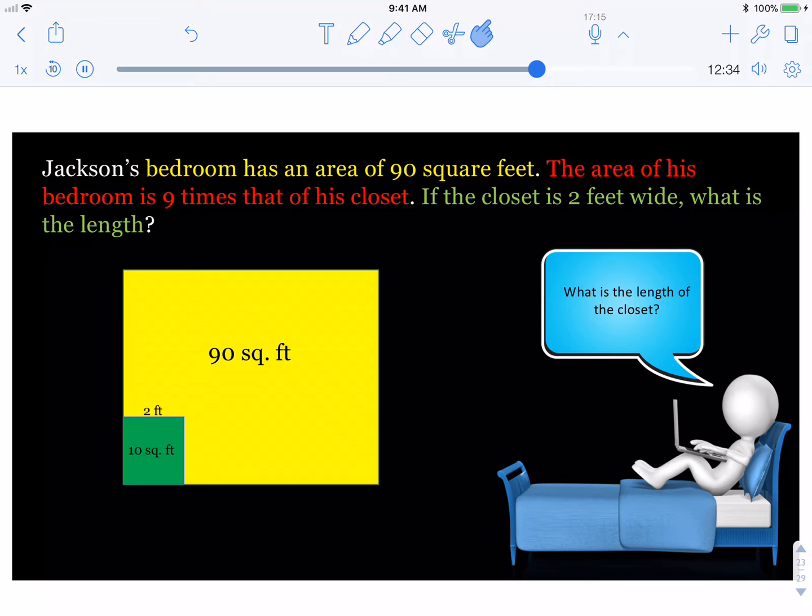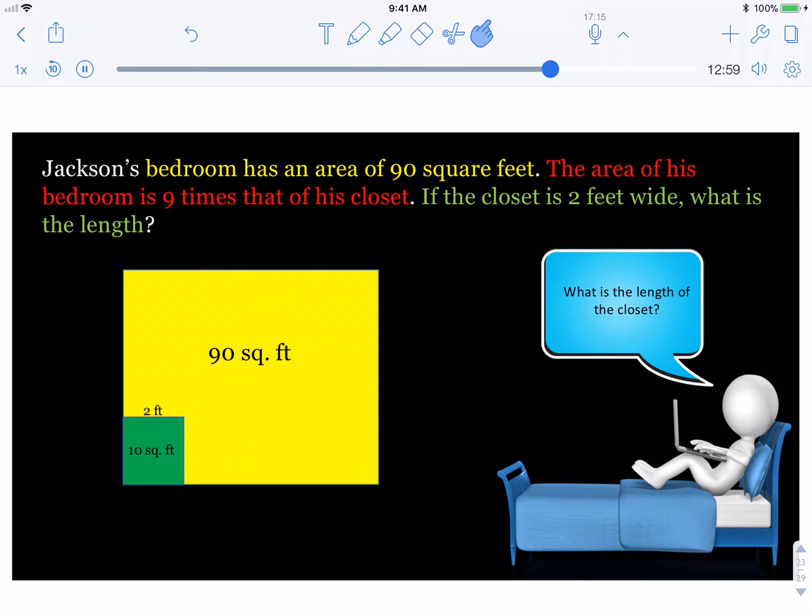So we said that the closet is going to be 10 square feet, because the bedroom's 9 times that area, and 10 times 9 is 90. And we know that it is 2 feet wide.